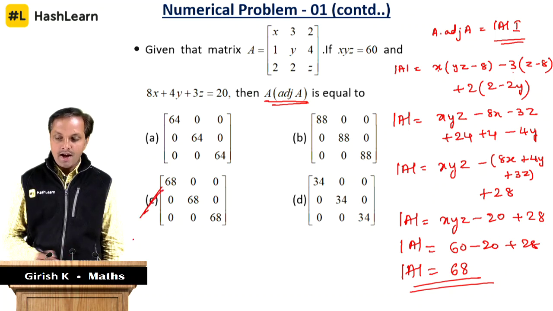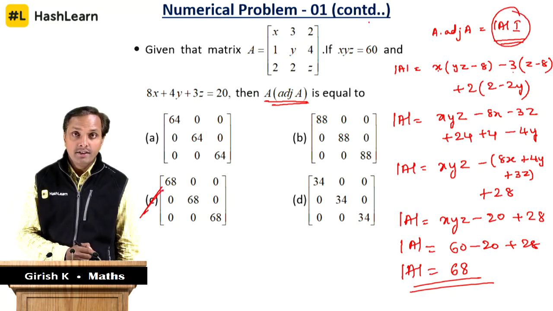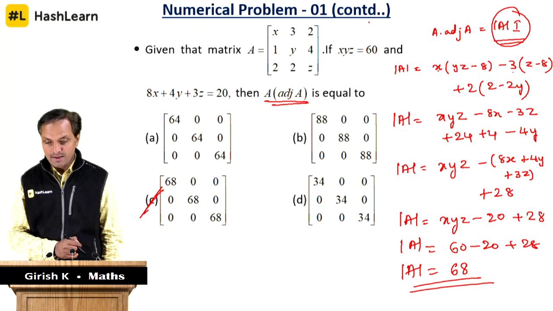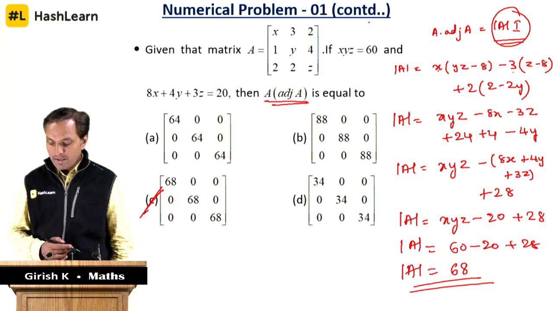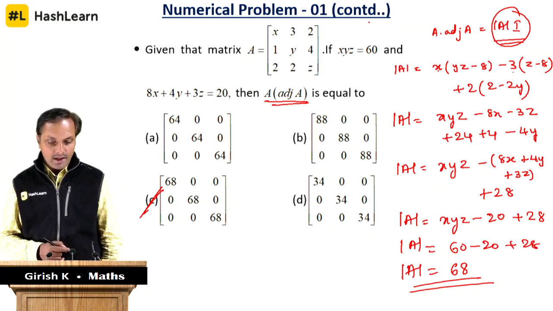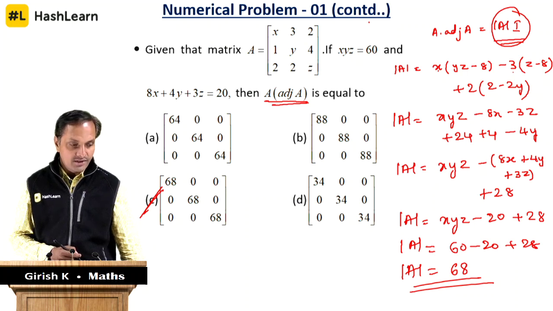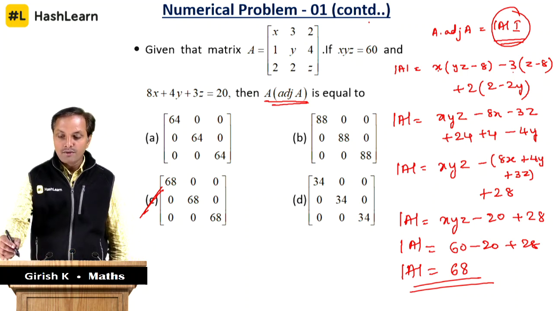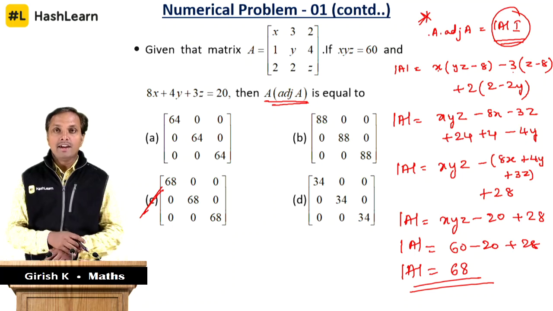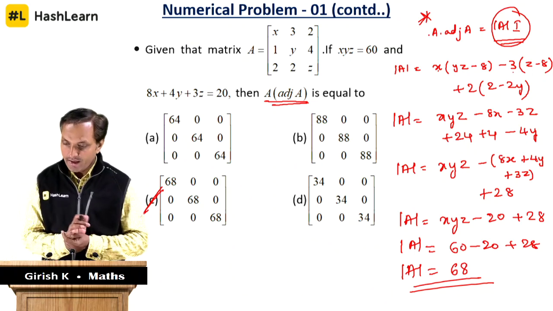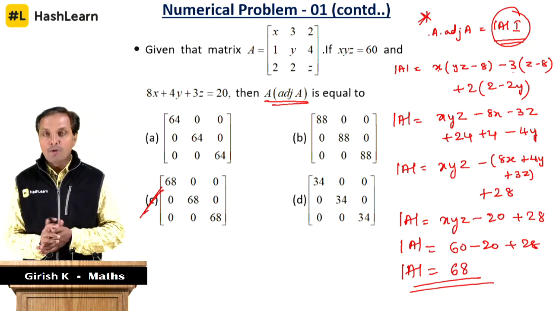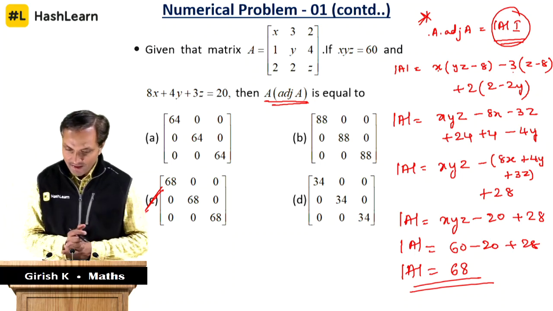So 68 I, I is the identity matrix 1 0 0, 0 1 0, 0 0 1. Once you multiply with 68, you will get the option as 68 0 0, 0 68 0, 0 0 68, that is option C. Okay, so make a note of this important result, A dot adjoint A is determinant of A into I. Hope all follow the steps.